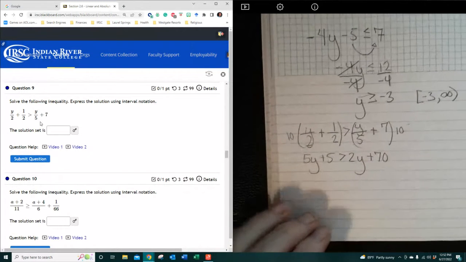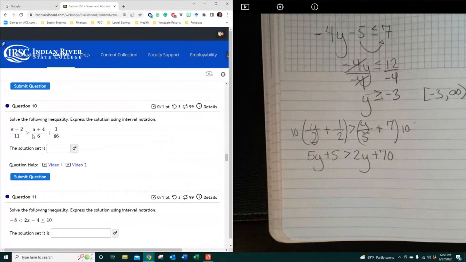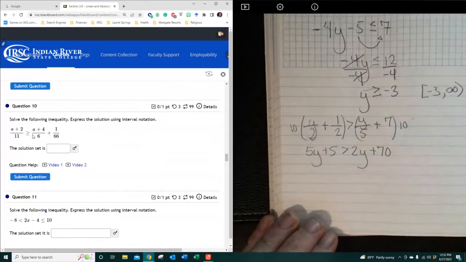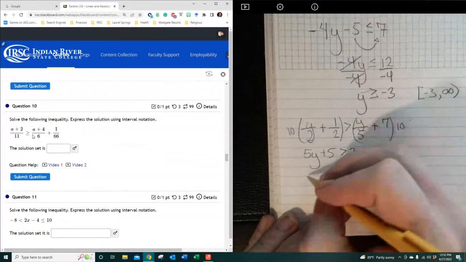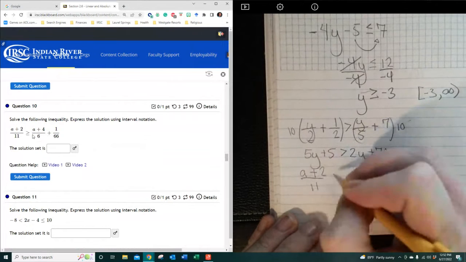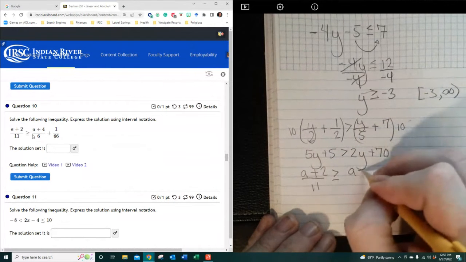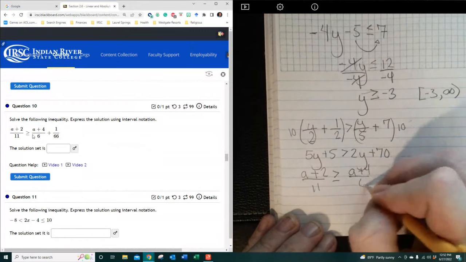Now, for the next one, you would multiply both top and bottom by 66, and that would eliminate your fraction there. Now, some good practice that I want you to get in hand on, I want you to do it this way. If you can get some grasp over this, that would be good.